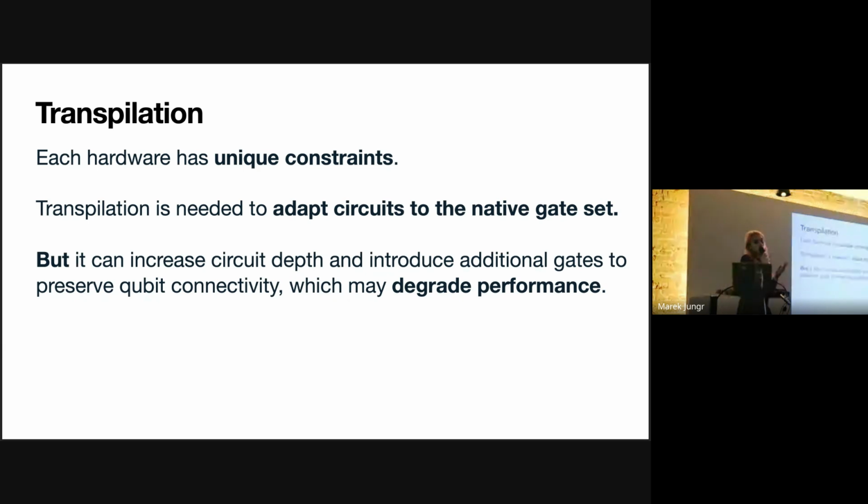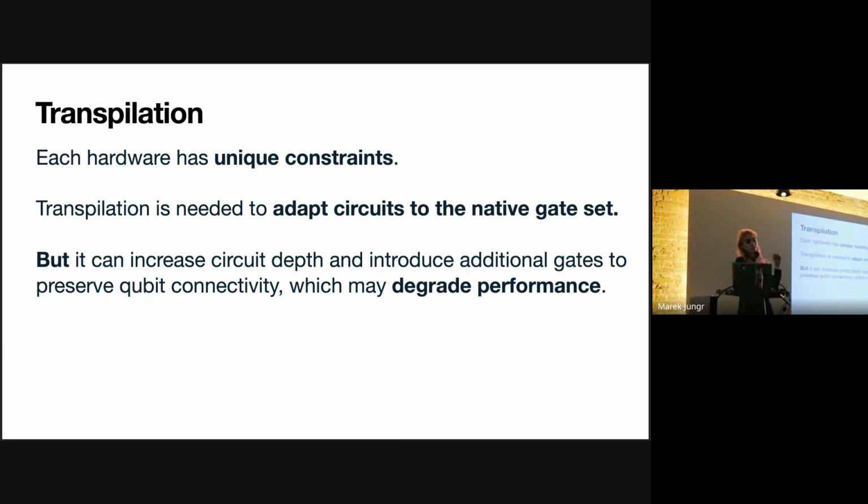You have some quantum algorithm, which consists of operations with quantum gates, which change the state of your system. And you are using your ideal set of gates, these logical operations. But then you want to run it on a hardware, and the hardware doesn't support all these gates you want to use. So you have to transpile your circuit, which means translate it to the gates which are on your dedicated hardware.